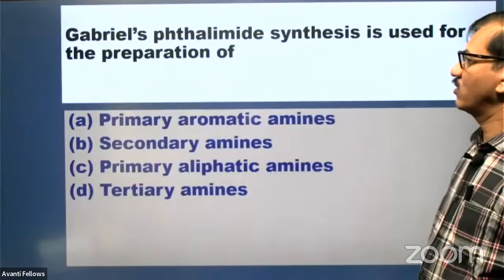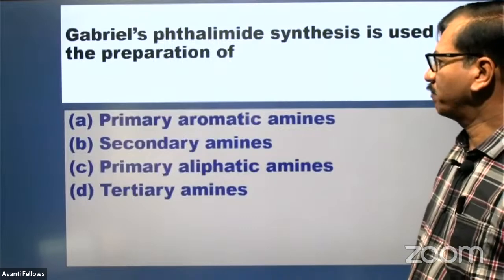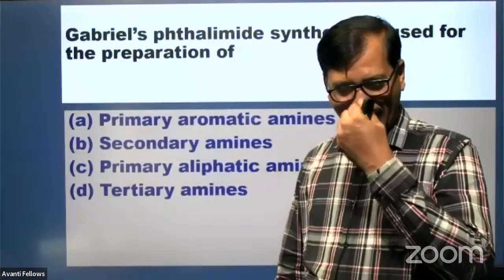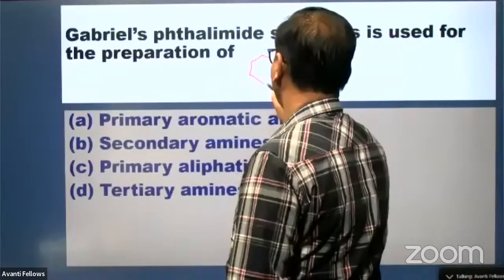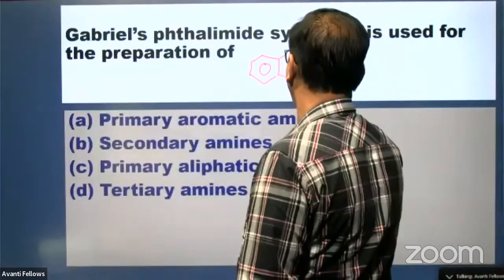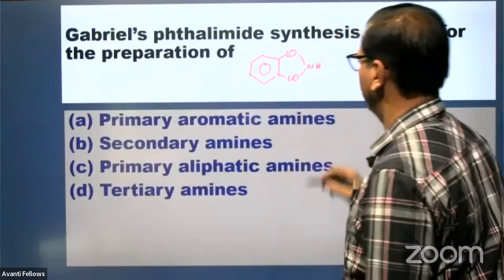Gabriel phthalimide synthesis is used for the preparation of... C, sir. Good. In Gabriel phthalimide synthesis, we use phthalimide, CONH. This is phthalimide, right?